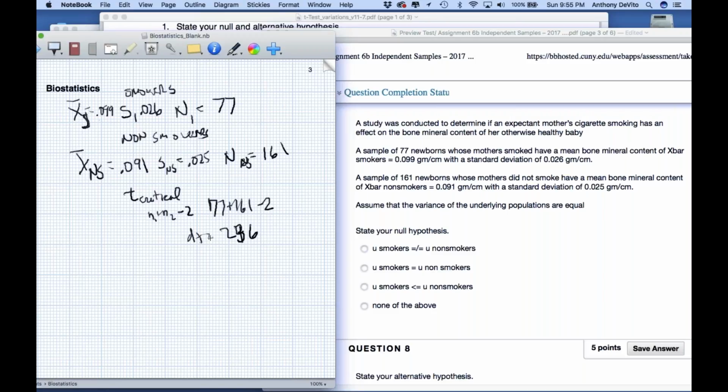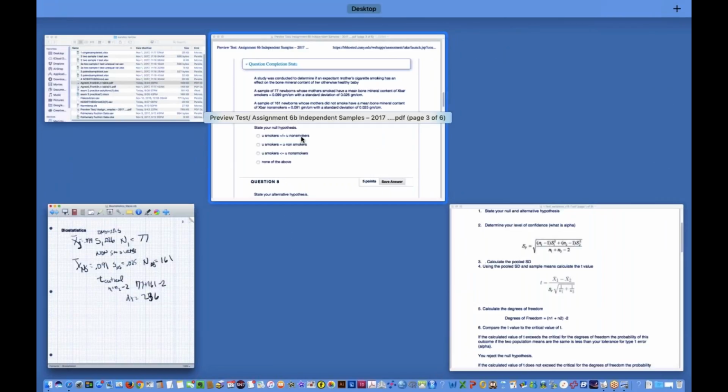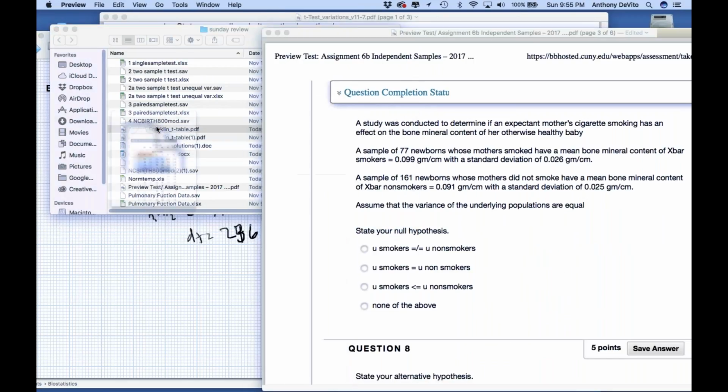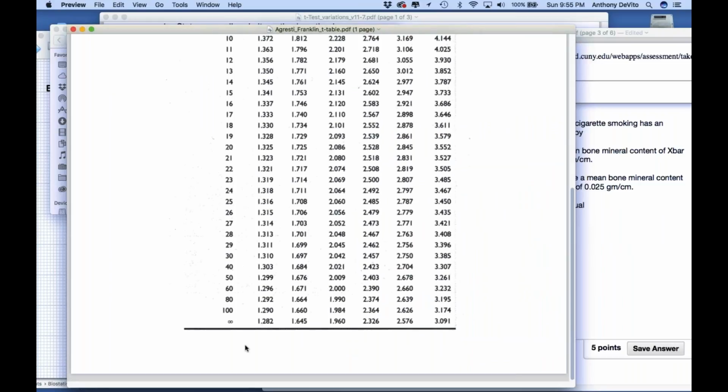Without even going back to my t-table, I know that it's going to be even beyond what my t-table covers. Because the sample size is so big, I'm just going to use 1.96, the same number I would have used for a z-score.